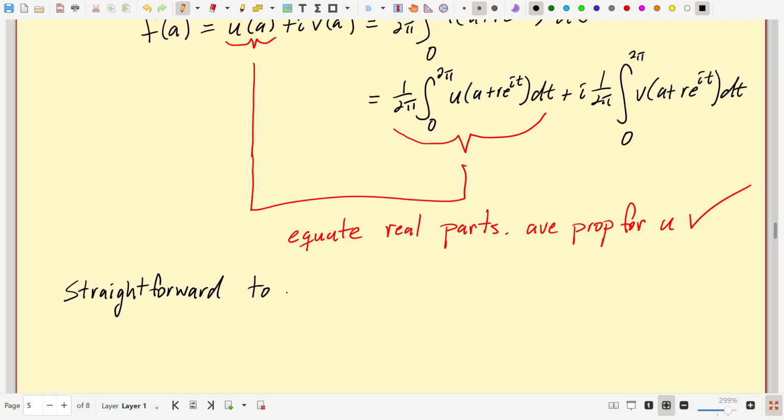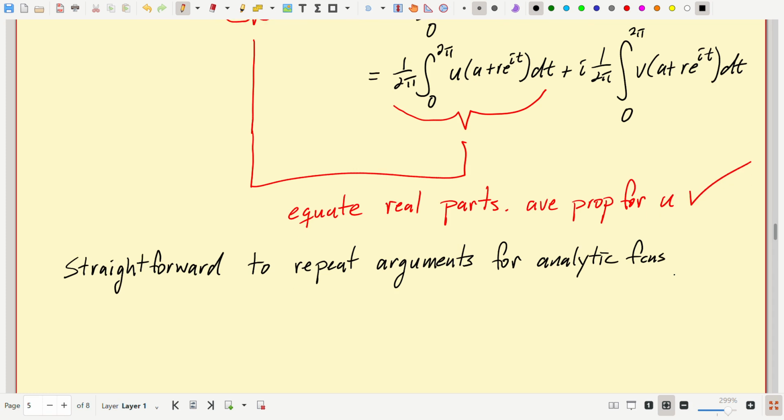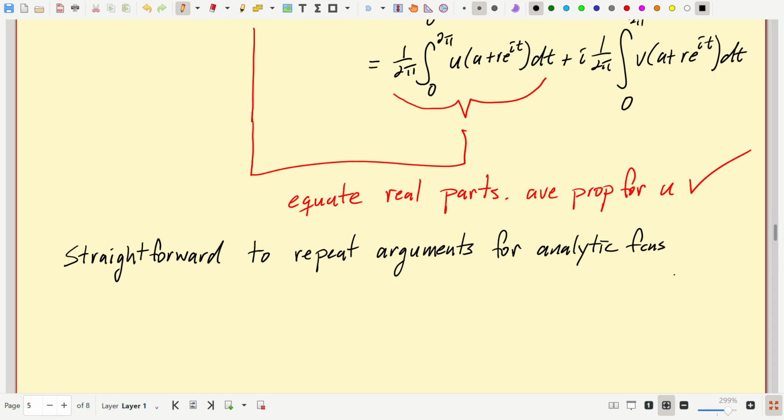And harmonic functions are even easier because then you can get a minimum principle just by taking minus u in place of plus u.